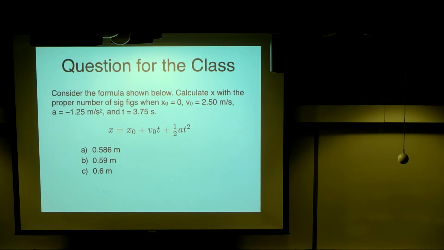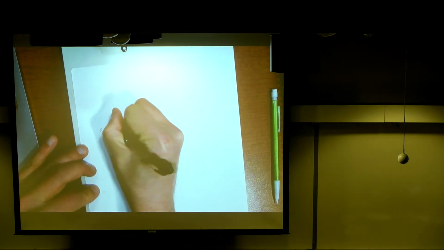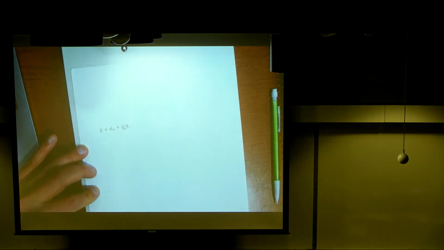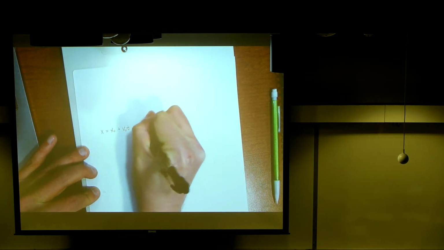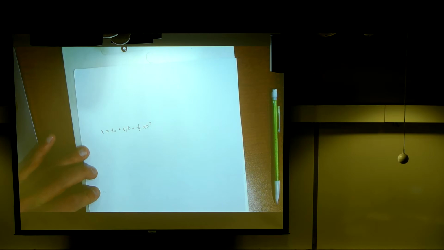So again, I just want to go through this real quick on the document cam over here, just so we're all on the same page. So our formula is x equals x0 plus v0 times t plus a half times at squared. Again, don't worry about what this formula means, we're just using it.